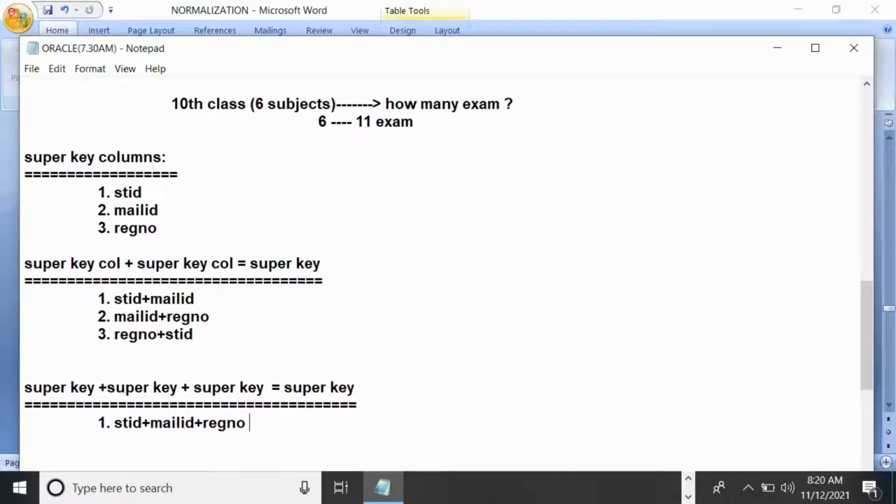Yes, we can say so. So this is the way you can check the super key columns in your table. That is the meaning of the super key definition.